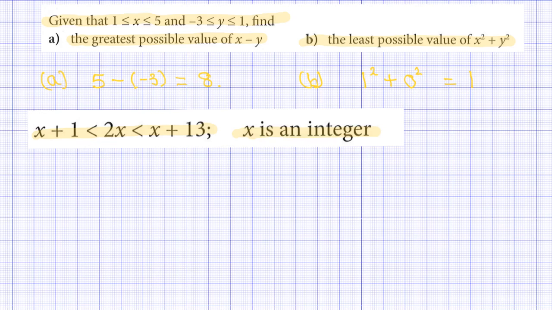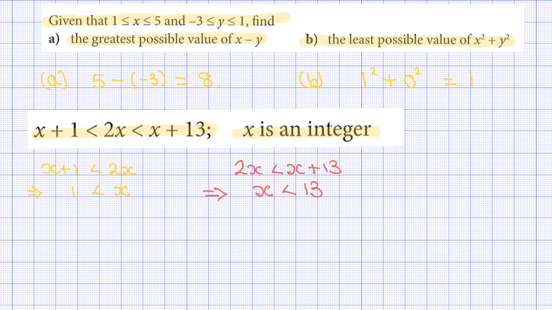Solve as normal. So x plus 1 is less than 2x. Therefore, 1 is less than x. So 2x is less than x plus 13. Therefore, x is less than 13.